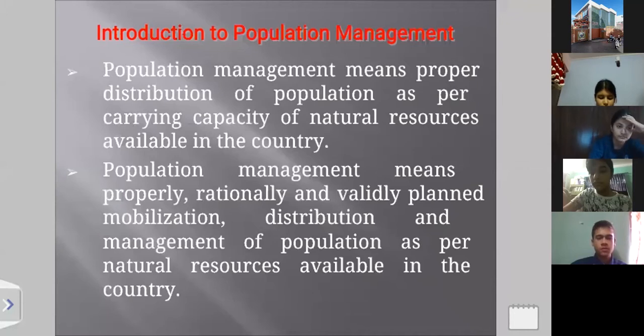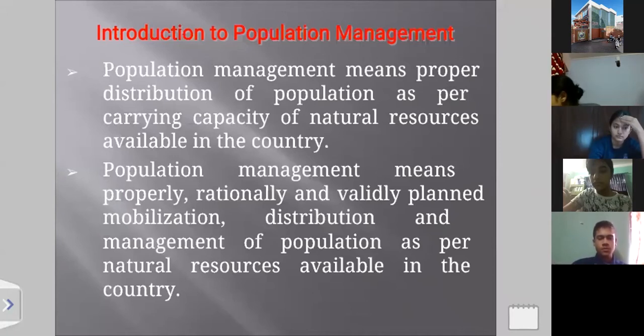All right. And after that, my dear students, once again, you can see the same slide, the next definition of population management. And my dear students, you have to remember, you have to point out that the definition of population management, we can define it in different ways. There is not only one definition. From our own view also, we can define the definition, but the definition must be meaningful.